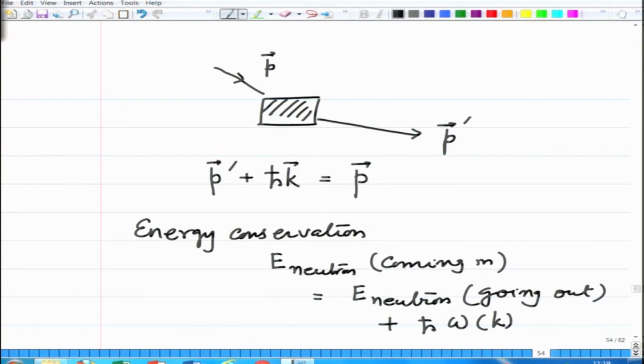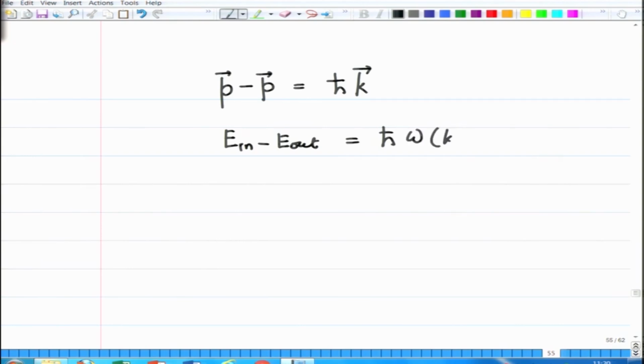So, by measuring the momentum of incoming neutron, outgoing neutron, from the difference p minus p prime, I can make out what h cross k is, that is what the momentum of the phonon excited is, and from the energy difference E in minus E out, I can make out what the frequency of that mode is, and then plot them.